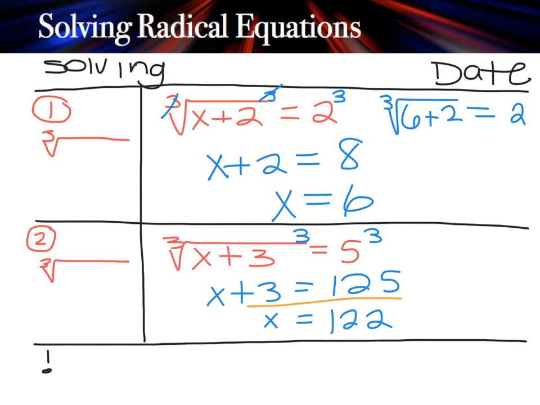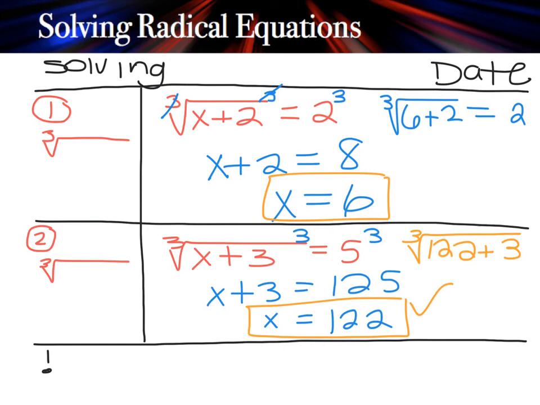So my final answer is x equals 122. Make sure that you check 122 back into the original equation. 122 plus 3 will equal 125, and the cube root of 125 is actually 5. So everything checks out.